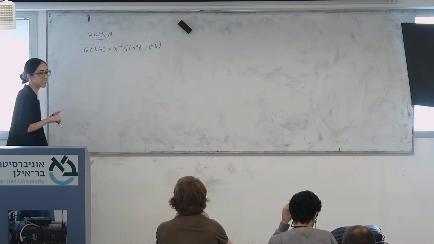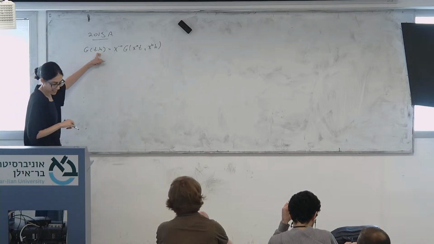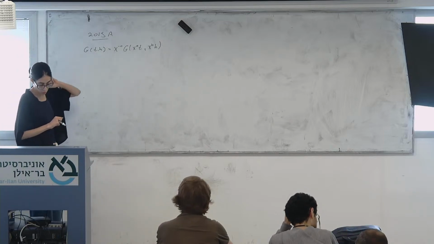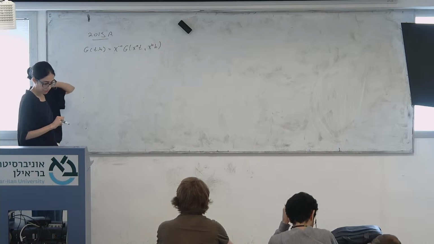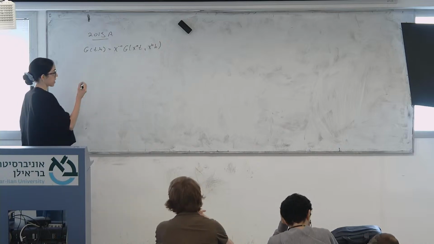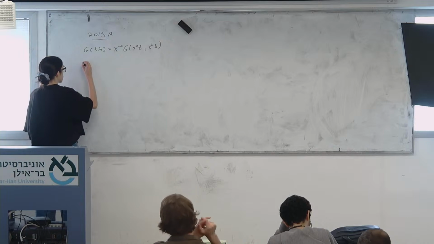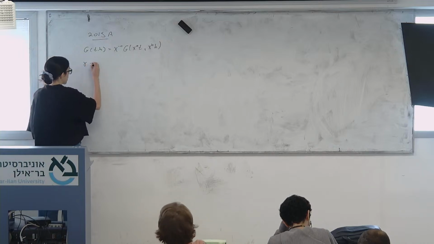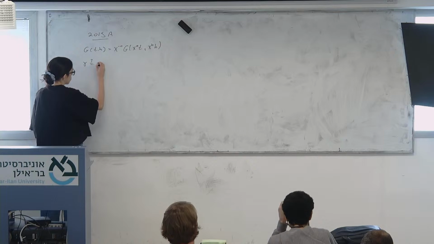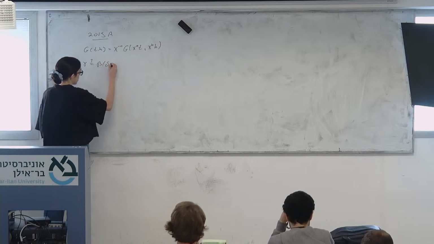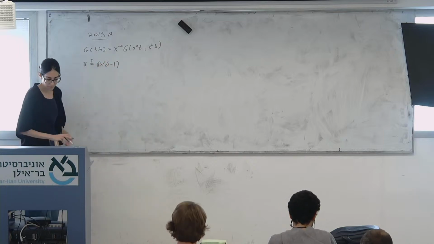I will say it right now. So this is given, and the question is to prove the scaling relation. So we need to prove that gamma is equal to beta delta minus 1.